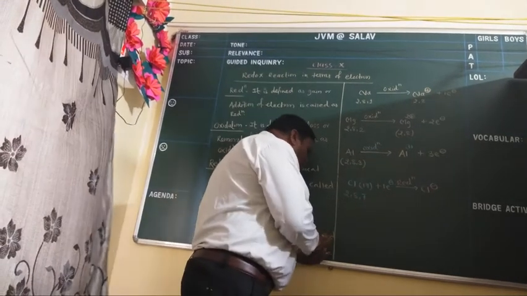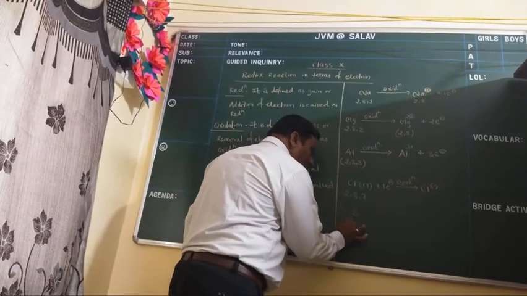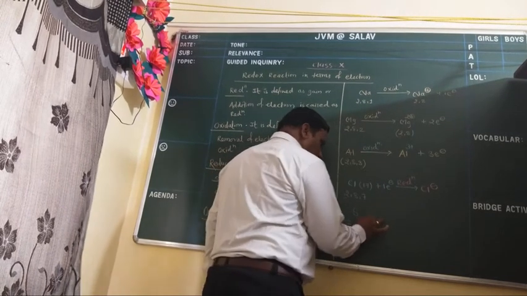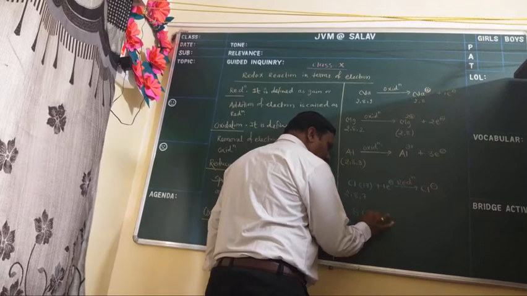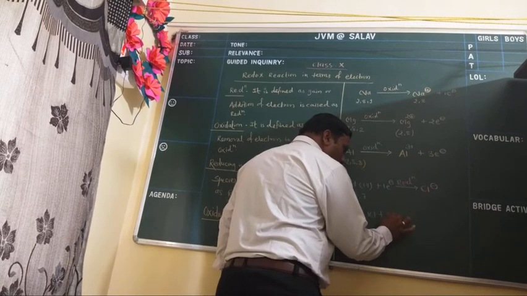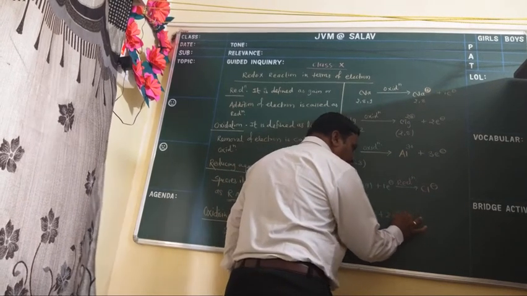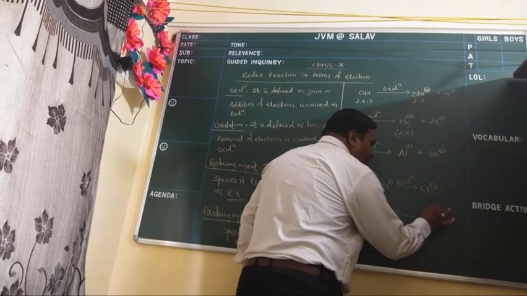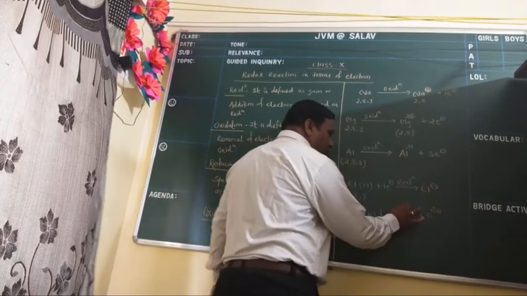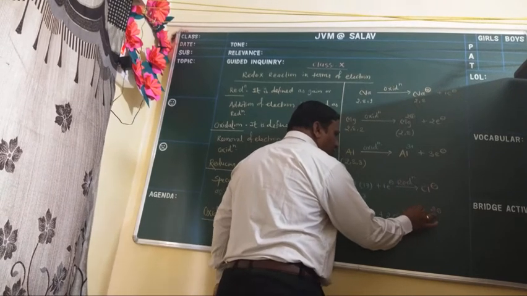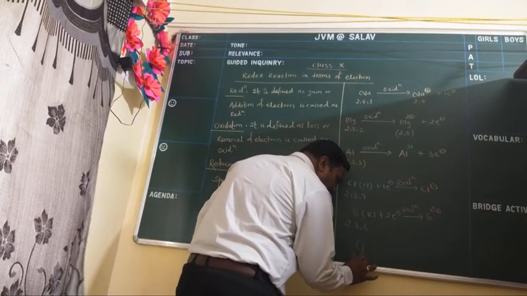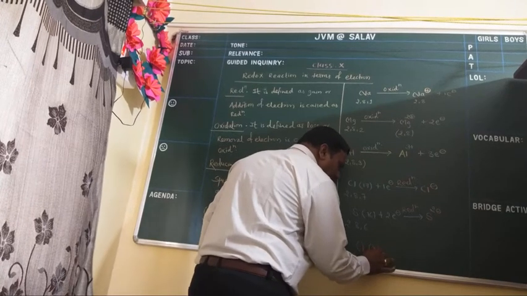Same thing for, suppose, sulfur, 2, 8, 6. Atomic number is 16. For completion of octet, it requires 2 electrons, and it forms S2 minus. So this is also reduction. Same thing for oxygen, 2, 6, because atomic number here is 8.